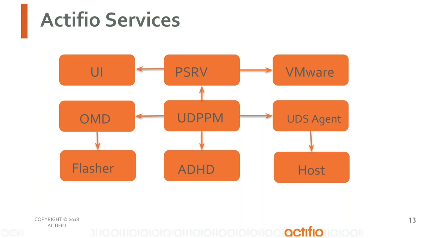At the same time that it's talking to pserv, it's talking to UDS agent, it's getting in touch with the host, it's also talking to OMD, and again, that's the Object Manager Daemon. And it's saying, I have a request for a snapshot. I've talked to the host. We can talk. I've verified I've got good communication. I need you to look for a staging disk.